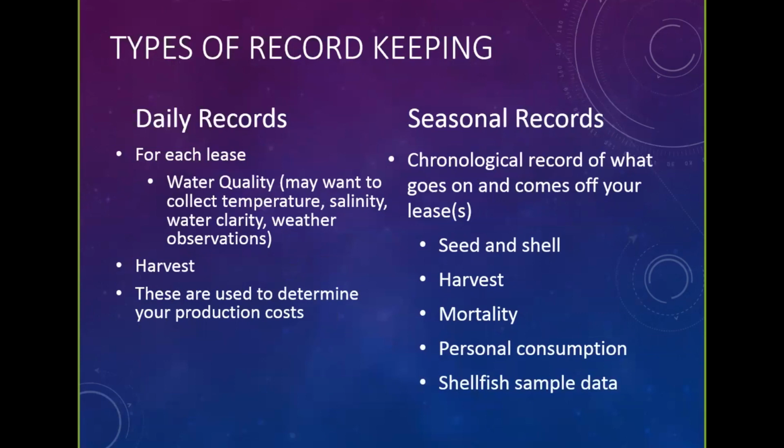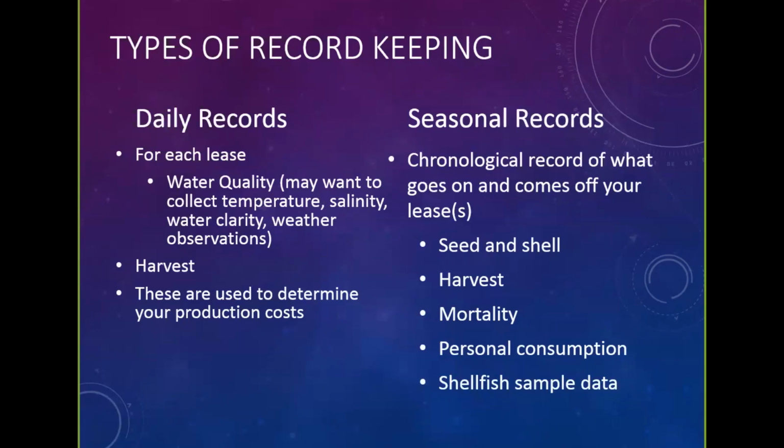Seasonal records, so like chronological records of what goes into your farm and what comes out of your farm. Seed, fingerlings, shell, harvest, mortality is a big one. If you don't write down that everything has died, if you had a problem, or don't quantify it in some way, you could end up wasting a lot of money by feeding an empty pond or overfeeding a pond and causing more water quality problems.